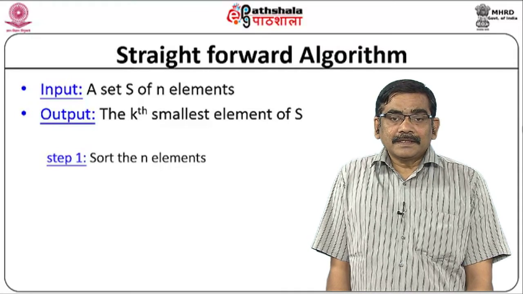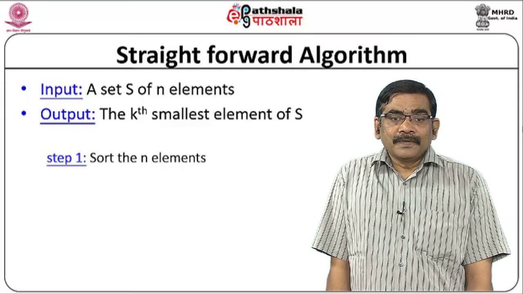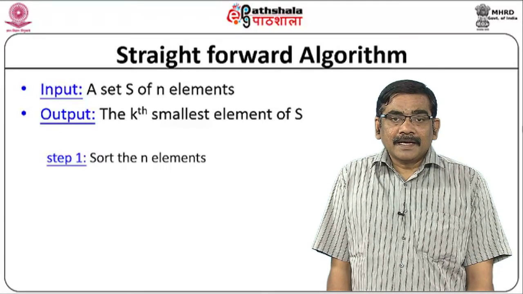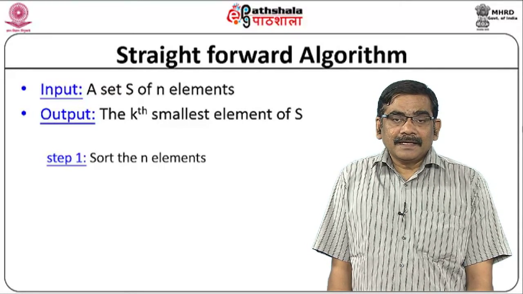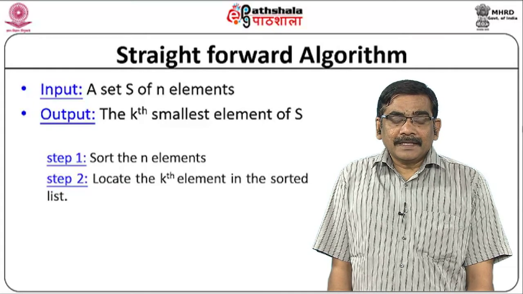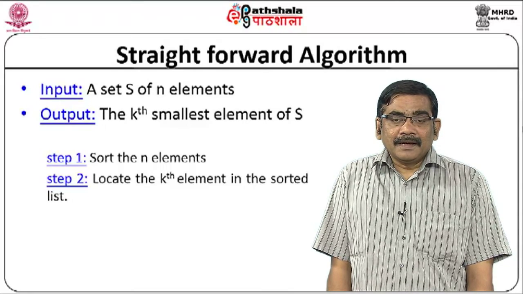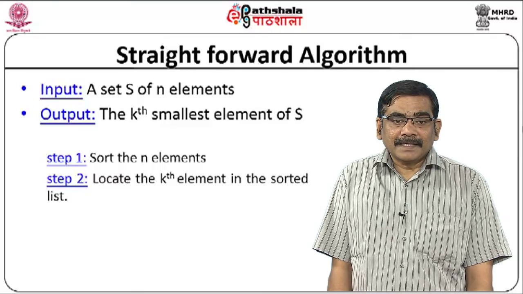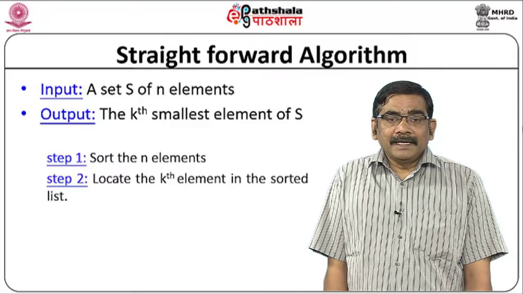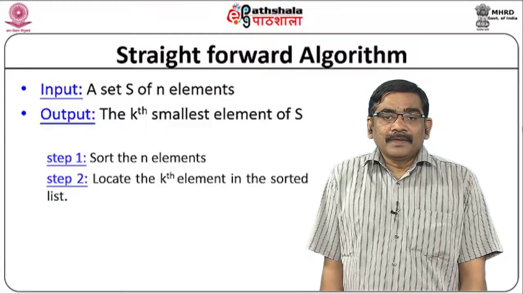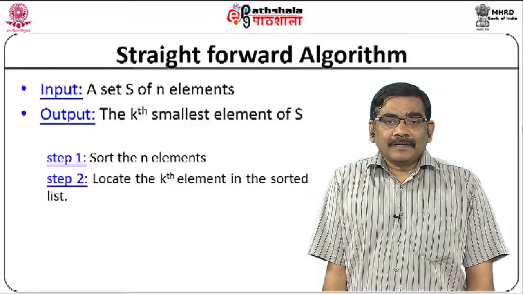How do we solve these problems? Conventionally, it is very simple. If I want to know the kth smallest element, I will simply sort all the elements. Once I sort it, the first element of the sorted list is the minimum, the last element is the maximum, and the middle element is the median, that is n by 2 if n is odd.